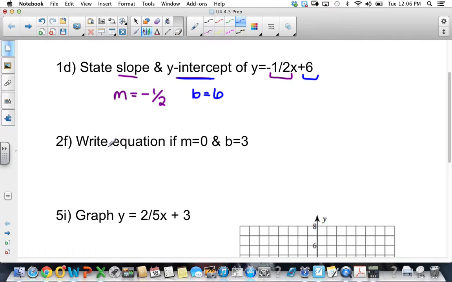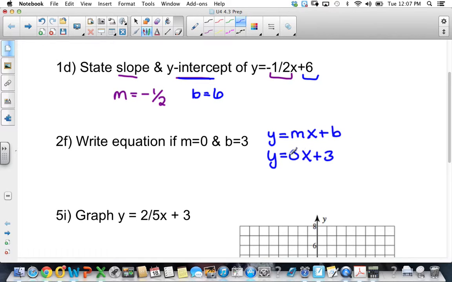2F says write the equation if m equals 0 and b equals 3. Well, again, I want to write it in the form y equals mx plus b. And the two things I need are slope, which is 0, so I'm going to replace the m with 0, and the y-intercept, which is b, I'm going to replace the b with 3.